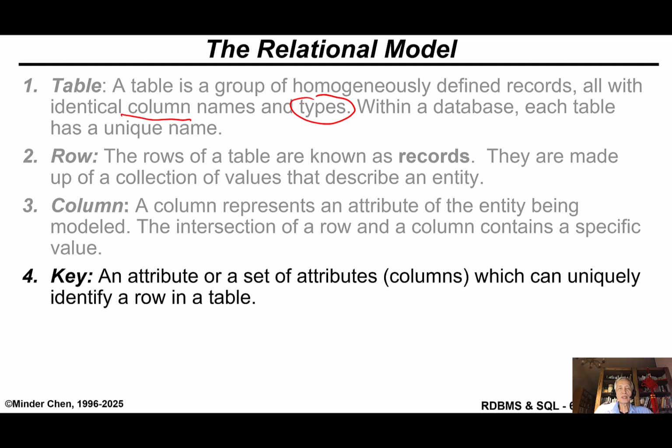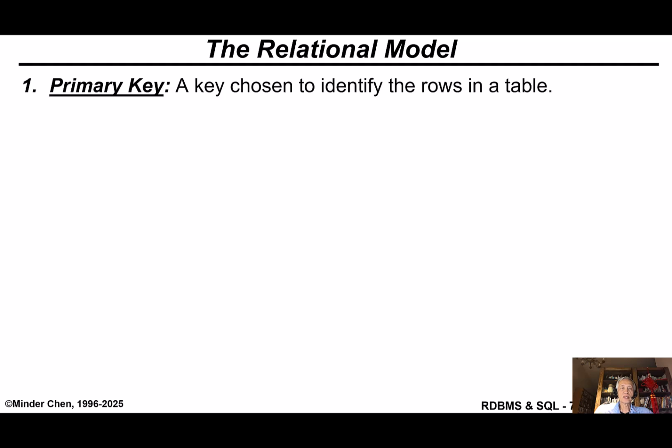A key is a column or columns that can be used to uniquely identify a row in a table. We call it a key. However, there are different types of keys. One is called the primary key. You may have several columns that can all uniquely identify a row in a table, such as student ID and, let's say, social security number in the student table.